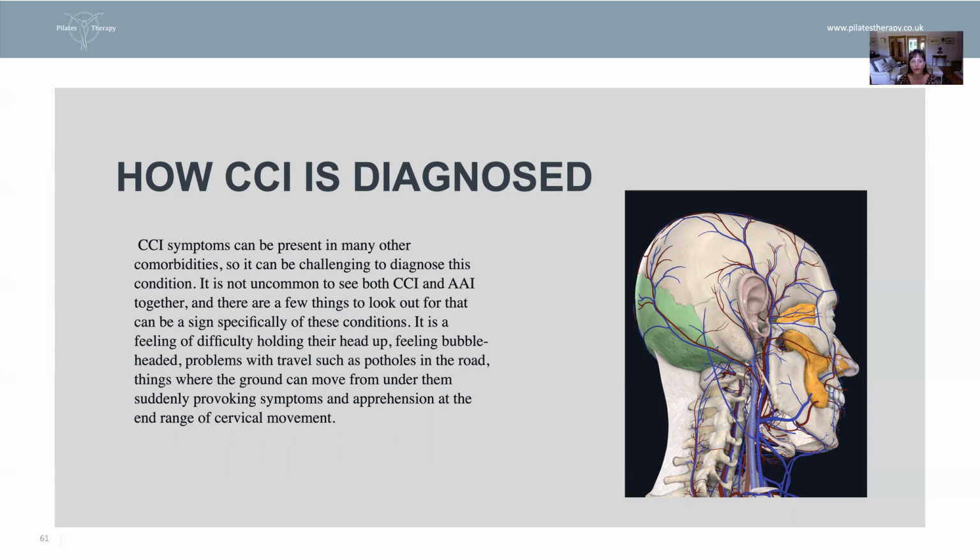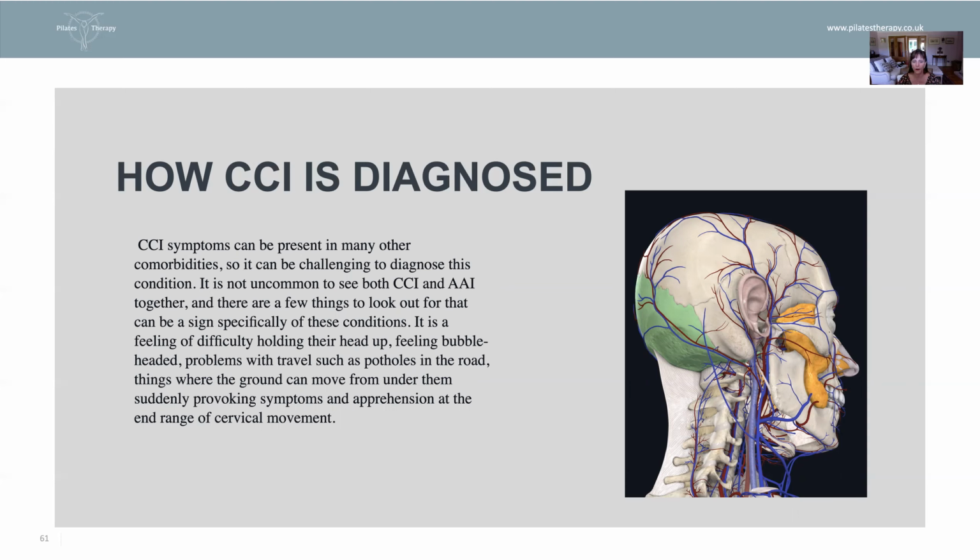And there are a few things that they look out for that can be a sign specifically of these conditions, because with things like mast cell activation and dysautonomia and all of that, you can have a lot of the similar symptoms. This becomes more specific when it's subjective, but it's more specific in helping to diagnose and to narrow down the criteria for actual craniocervical instability and AAI problems.